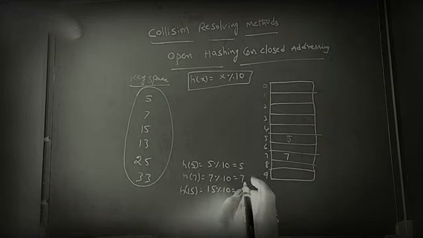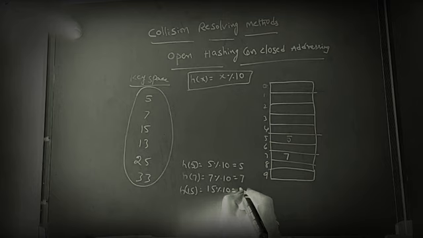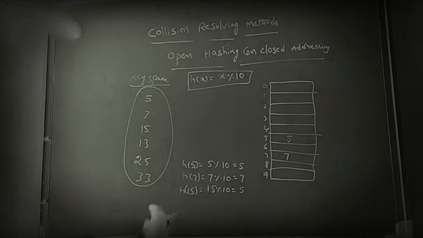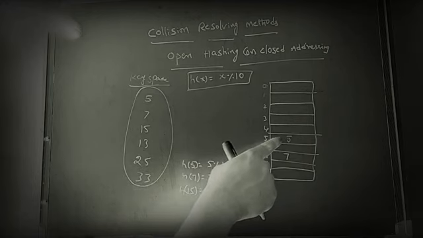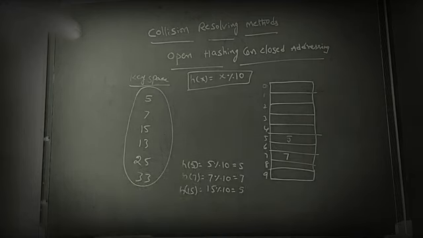The remainder is 5, and element 5 is already stored at the same index. There is no replacement, so that situation is a collision.